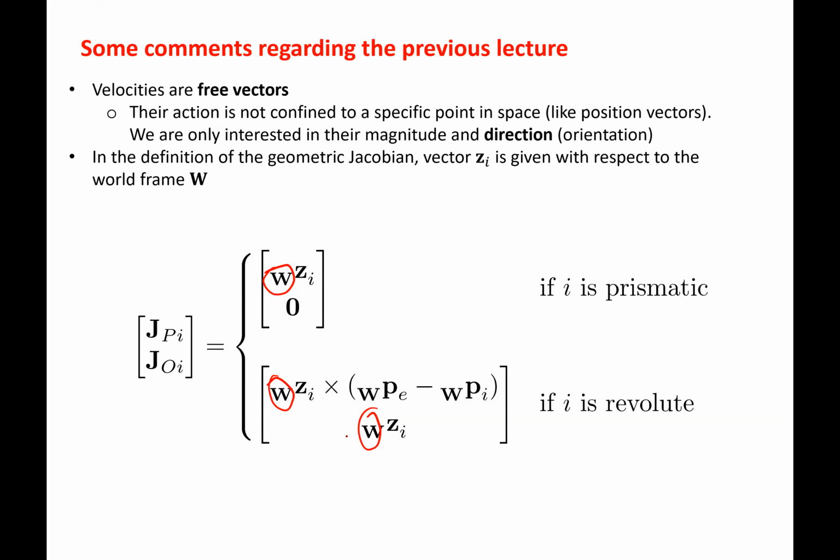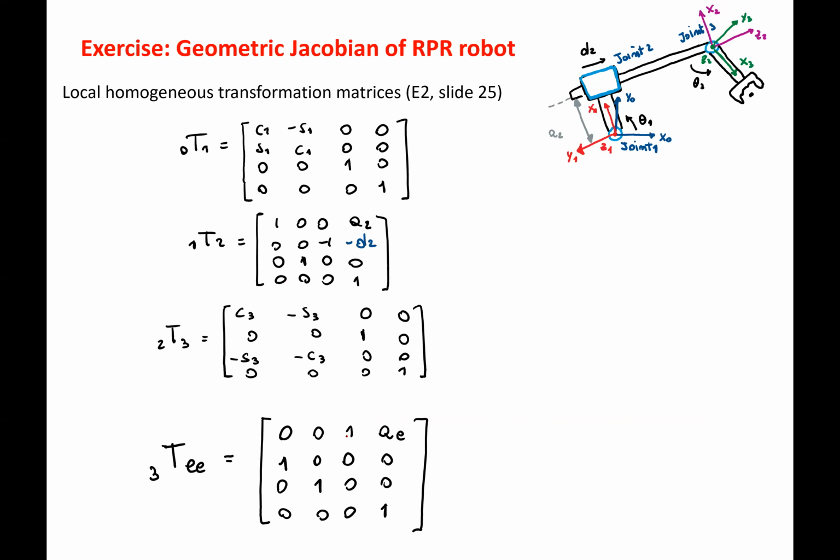I want to do another exercise, a bit more complex, with three joints including a prismatic one, just for you to get a feeling on how to obtain the geometric Jacobian. So I prepared a new exercise. I'm not going to write the direct kinematics, since these were already derived in previous lectures.